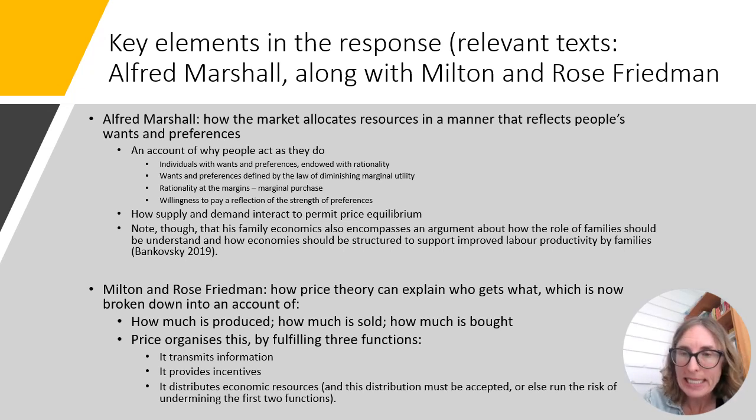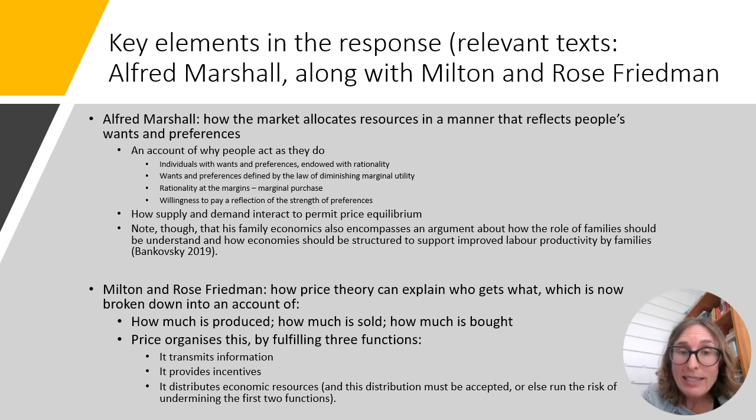They're conceptualised as individuals with wants and preferences endowed with rationality. And these wants and preferences are defined by the law of diminishing marginal utility. We have rationality at the margins, marginal purchase, the idea that agents, you and me, make decisions based on what we can do with an extra dollar, how we will spend that, what the value of that is to us.